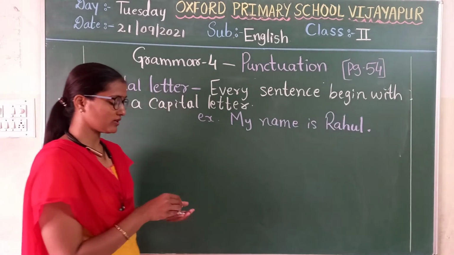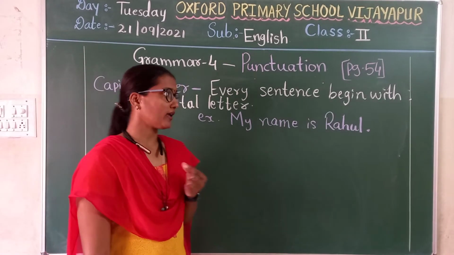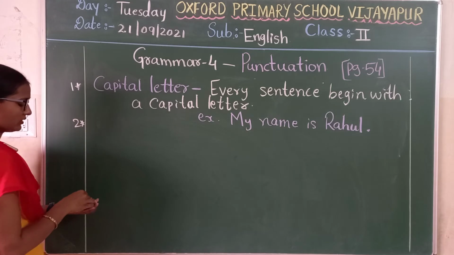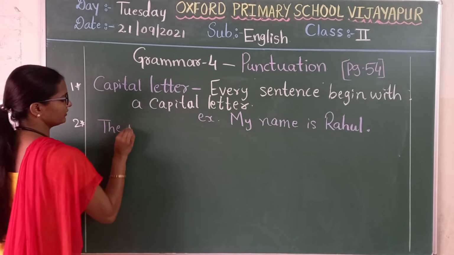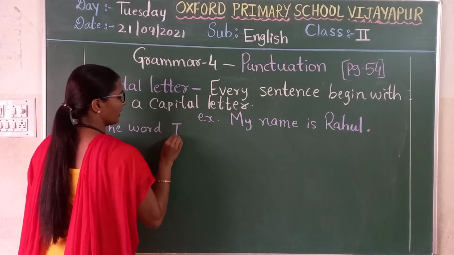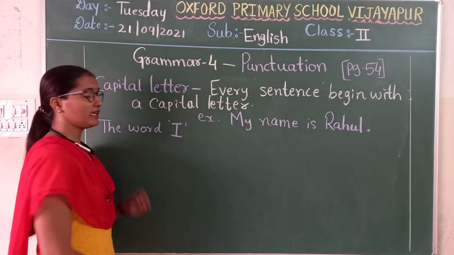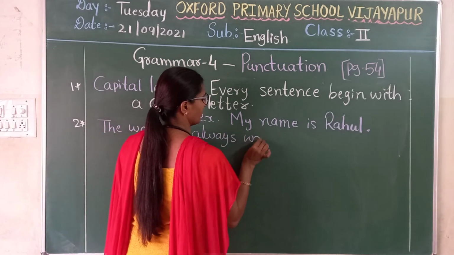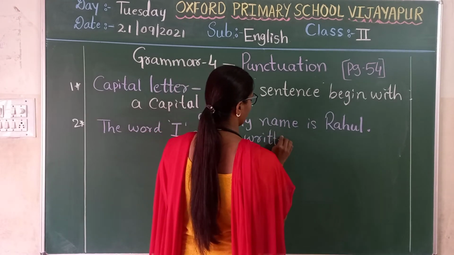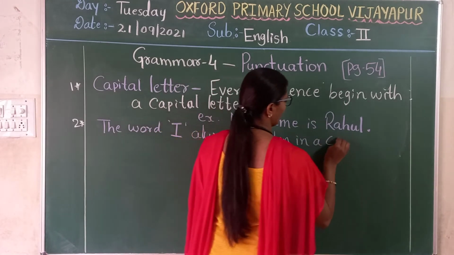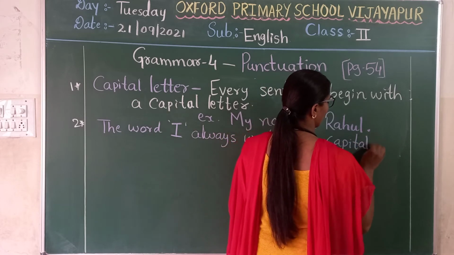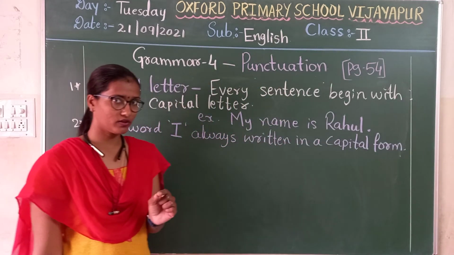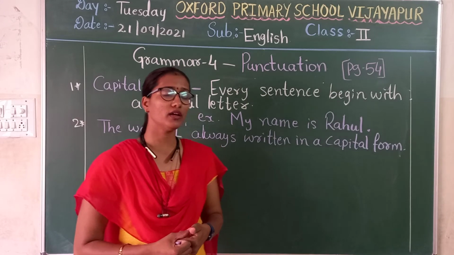See children, the second point about the capital letter is the word I. The word I is always written in a capital letter. Understood? Whenever the word I, it is a single letter word, okay?